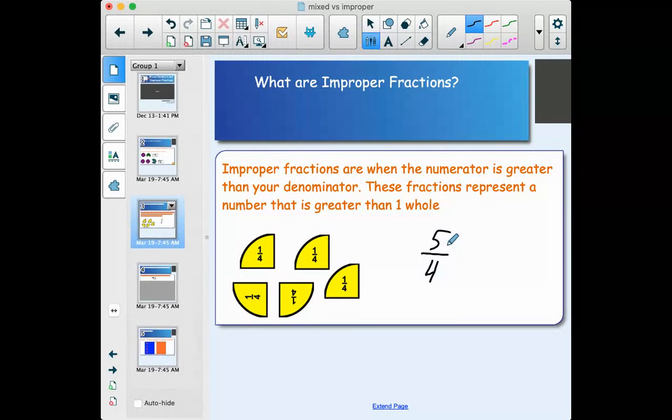Notice the numerator is bigger than the denominator. That's what makes a fraction an improper fraction. I have 5/4. You need 4 to make a circle. I have 5. If you picture it in your head, you can make a full circle with these, and then there's one left over. So, like mixed numbers, this is going to be something more than 1. Anytime your numerator is bigger than your denominator, your number is more than 1.